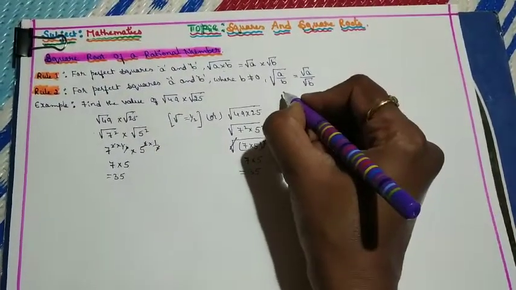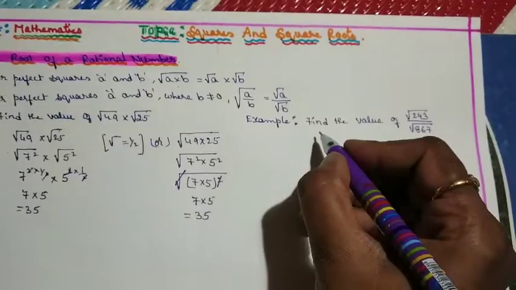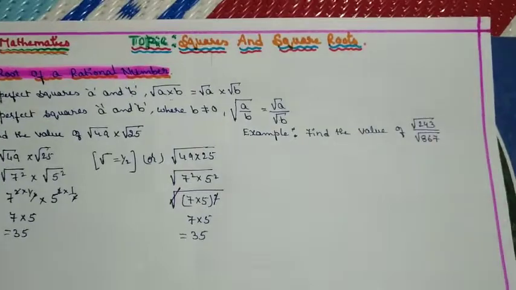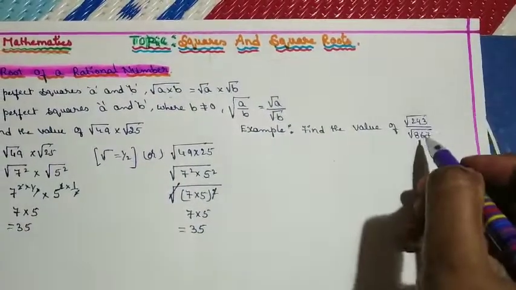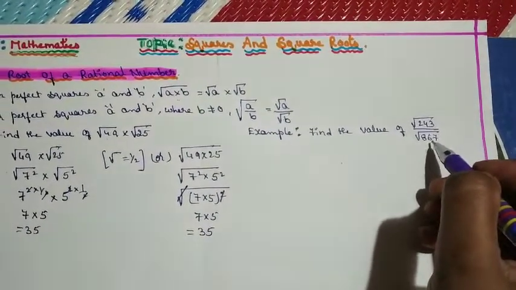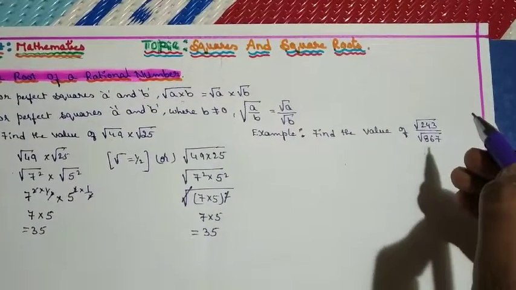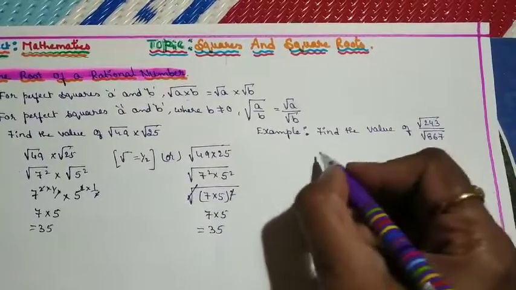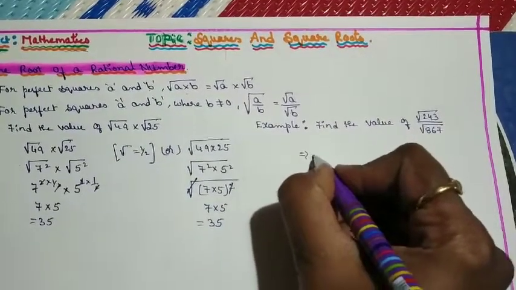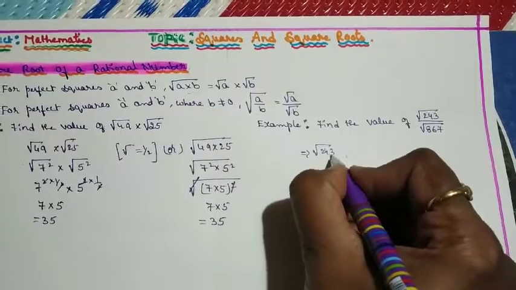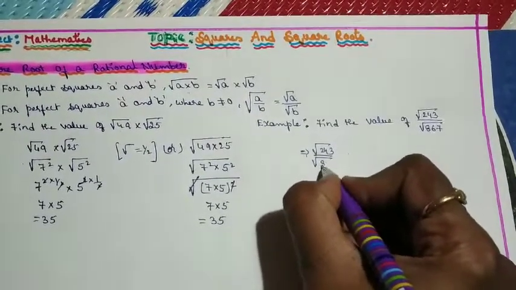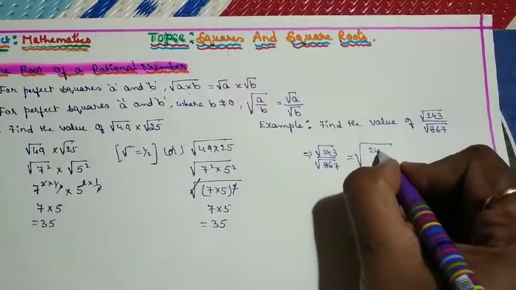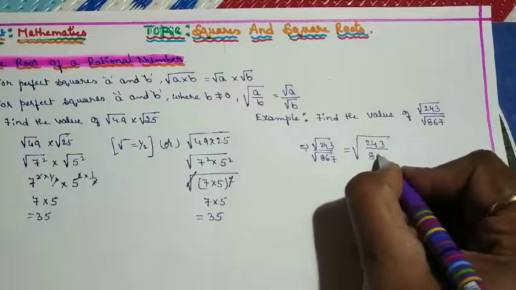Let me go to another example by applying rule 2. Find the value of square root of 243 by square root of 867. 243 and 867 are not perfect square numbers. Therefore, this can be written as root 243 divided by root 867, which can be written as the square root of 243 by 867.